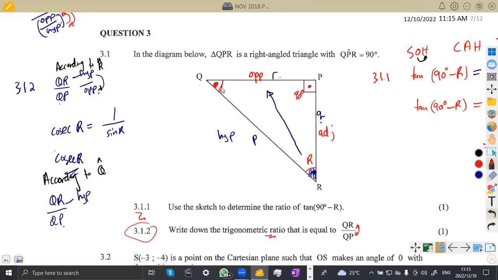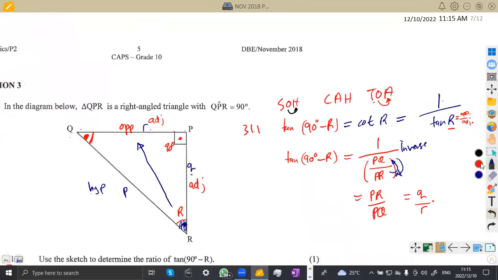According to Q, QP is the adjacent, because angle Q and the 90 degrees are adjacent to each other. So this side changes to be the adjacent. It is now hypotenuse over adjacent. So where do we have hypotenuse over adjacent? It is not there.